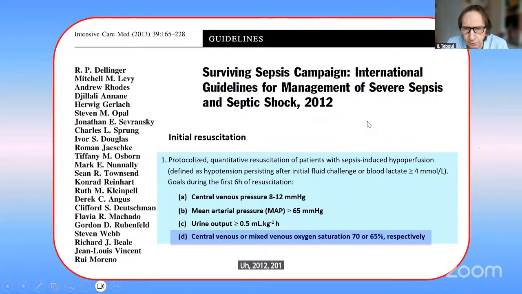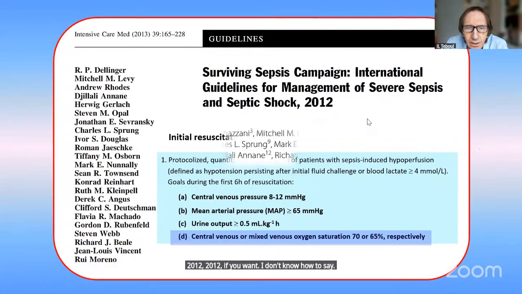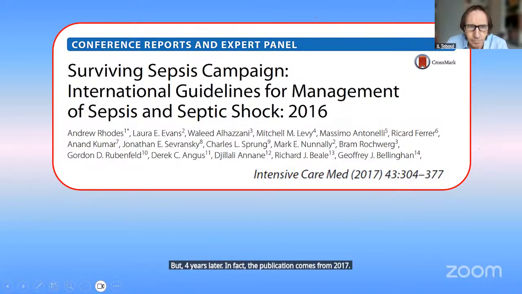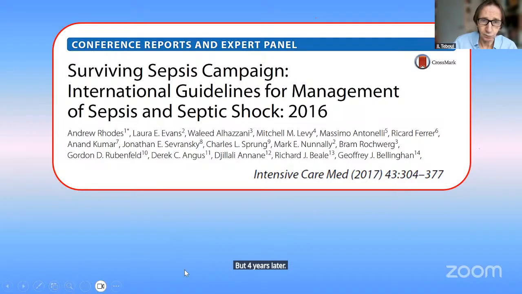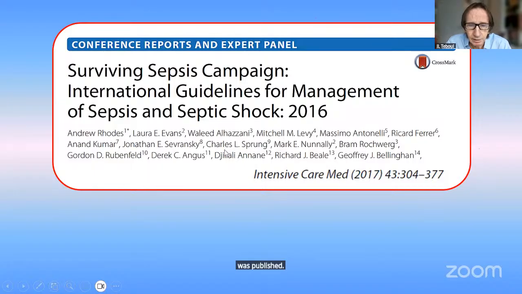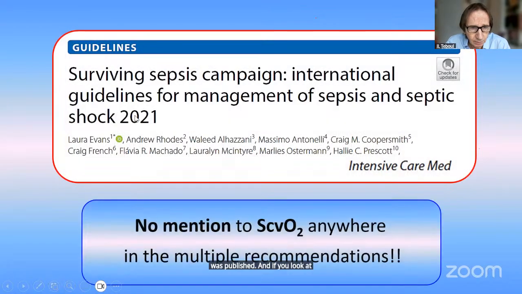But 4 years later, in fact the publication comes from 2017, a new version of the Surviving Sepsis Campaign was published. And if you look at this version, and also the last one from 2021, there is no mention of ScvO2 anywhere in the multiple recommendations. No mention.